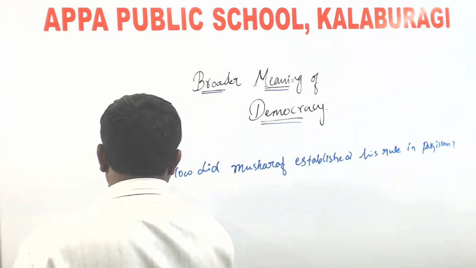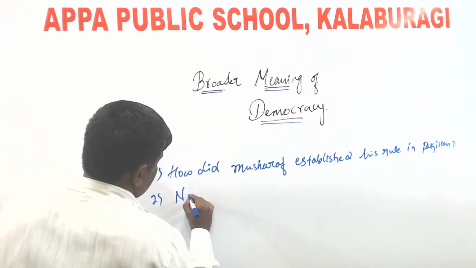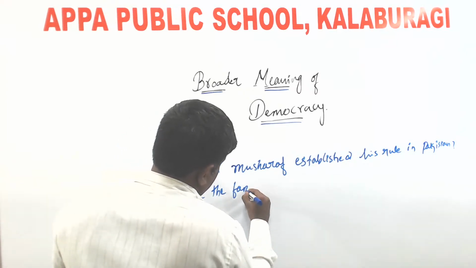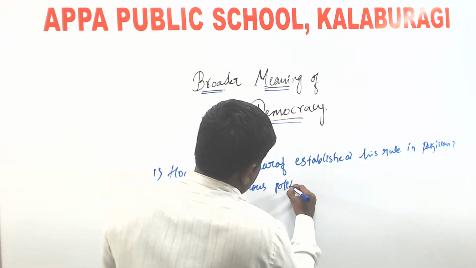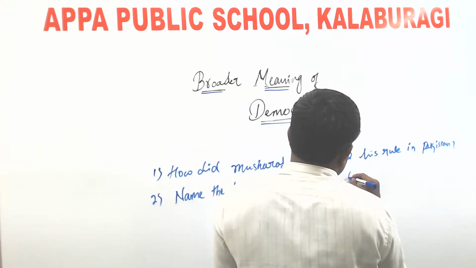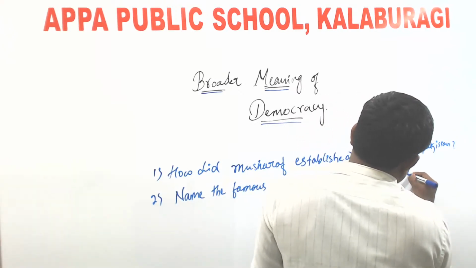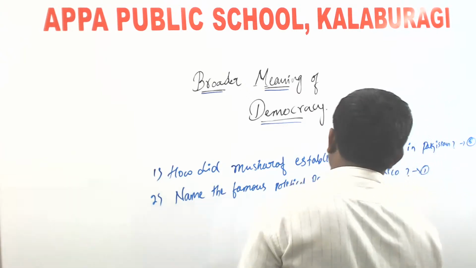Next question: name the famous political party of Mexico. This is about 5 marks, and this is about 1 mark.